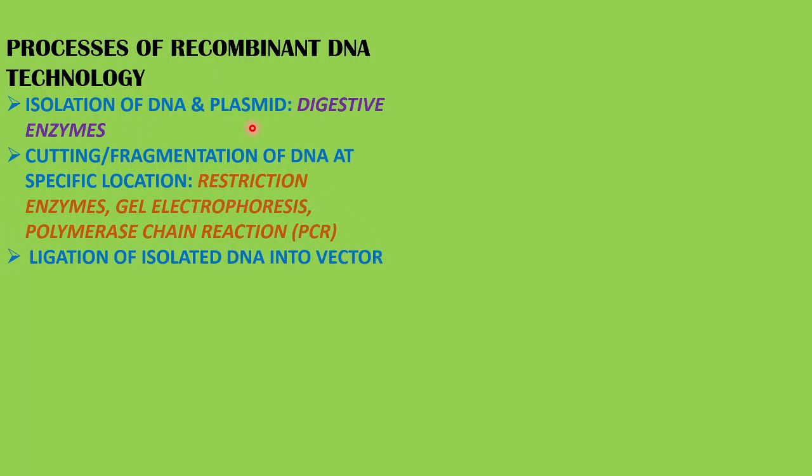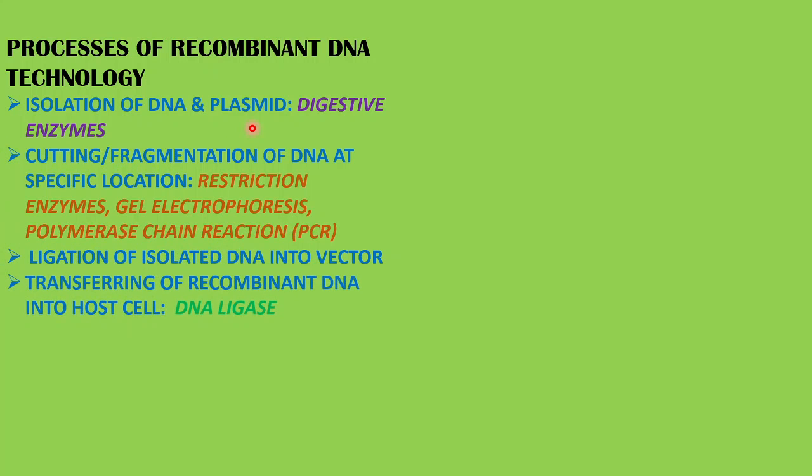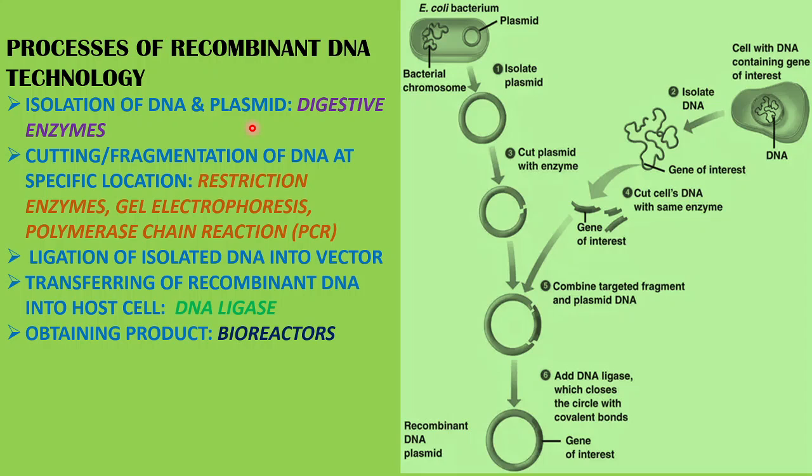Then next is ligation. That means we will join the isolated DNA with the vector, followed by transferring of the recombinant DNA into the host cell, and finally obtaining the product with the help of bioreactors. So the first step involves extraction of the plasmid, as also the DNA that has the gene of interest.